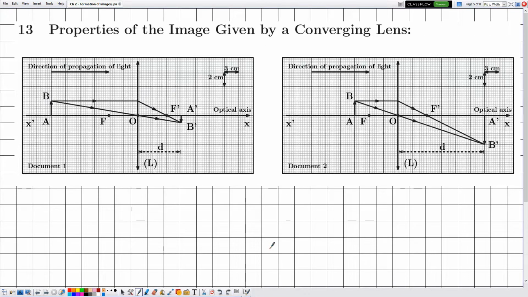So now section 13, properties of the image given by a converging lens. Let's write here number 1, referring to documents 1 and 2.